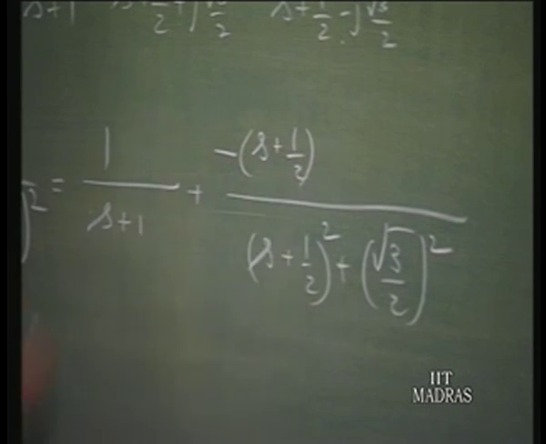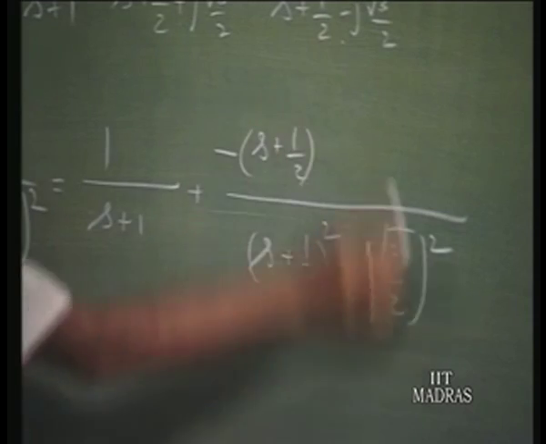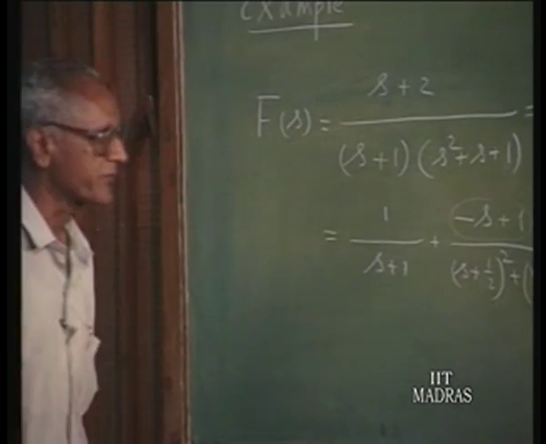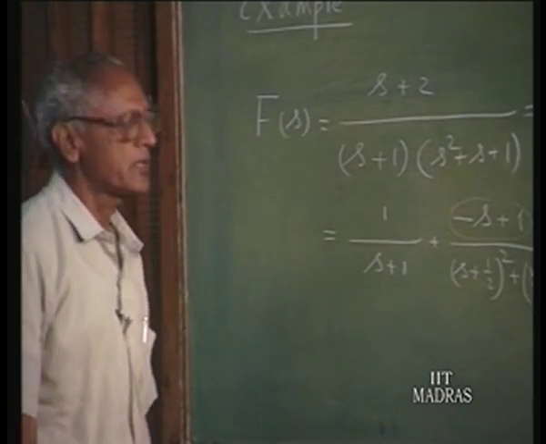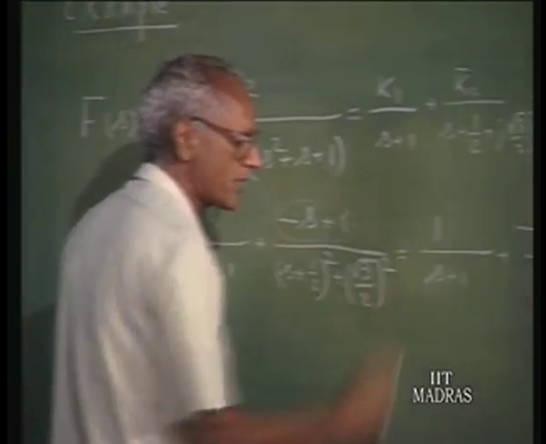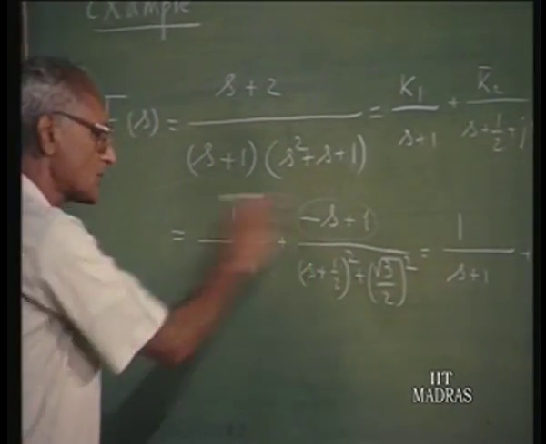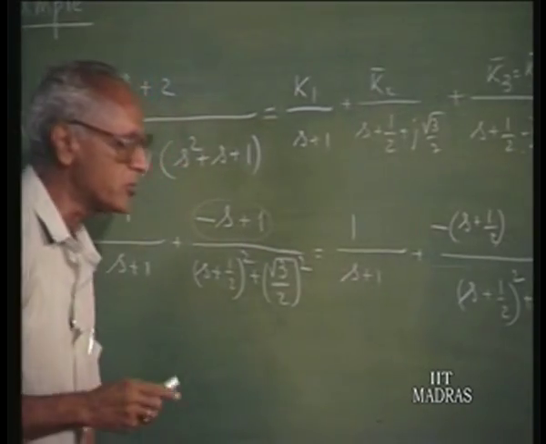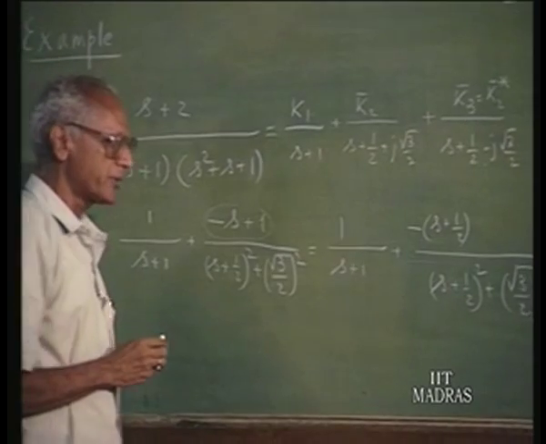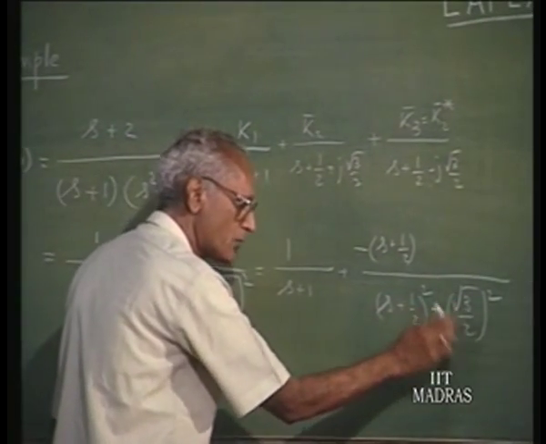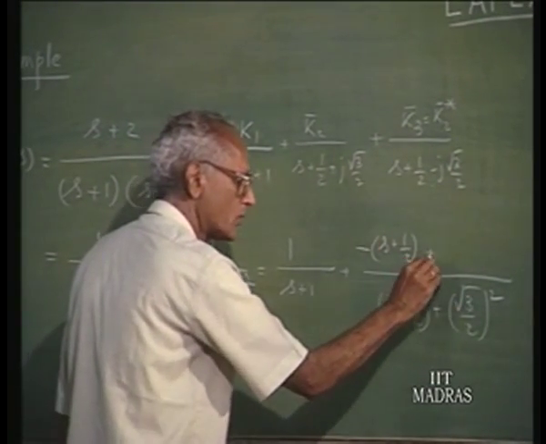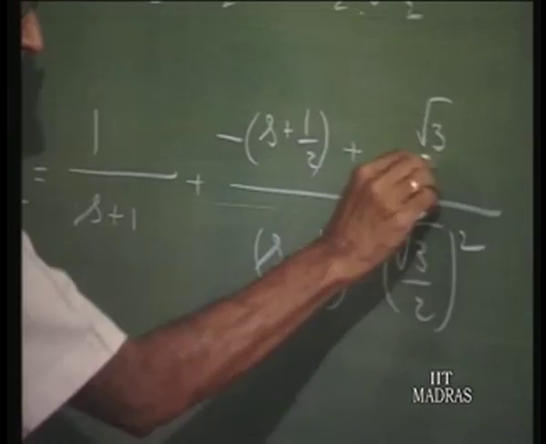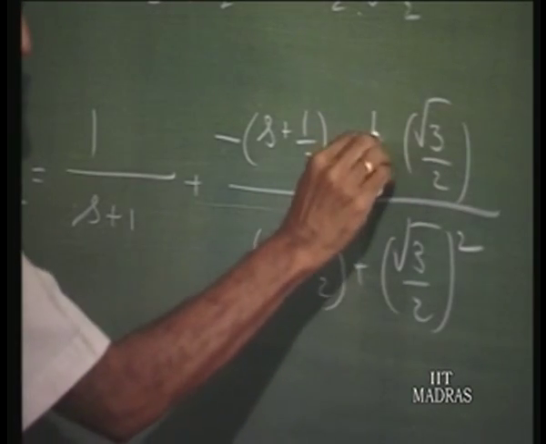We can recognize this to be the Laplace transform of e power minus half t cos (root 3 upon 2) t with a minus sign out in front. But we have minus s plus 1, therefore instead of plus 1 you have minus half, so you must introduce plus 3 by 2, but we must express this as a coefficient times root 3 upon 2, therefore this will be root 3 upon 2 multiplied by root 3.